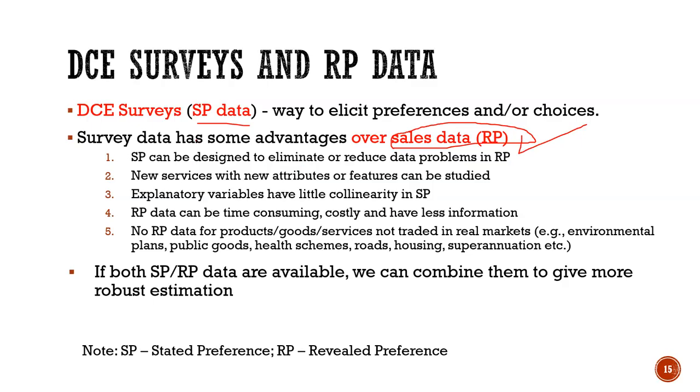So, you can design the experiments or the surveys, and then you obviate the need of data problems such as obtaining the data or coding issues in the data or human errors in the data. Right? If you're designing new products, you can introduce new features and new services and new attributes to figure out the consumer's preference for those new attributes.